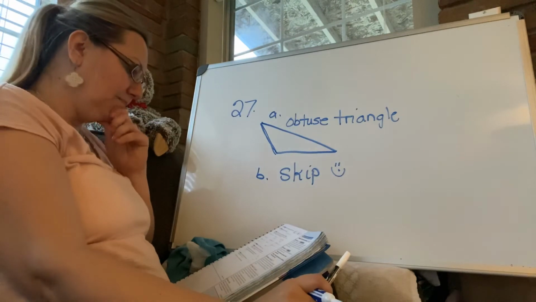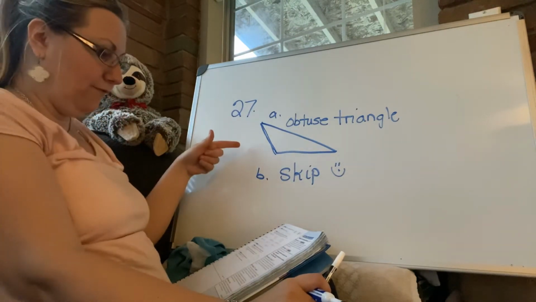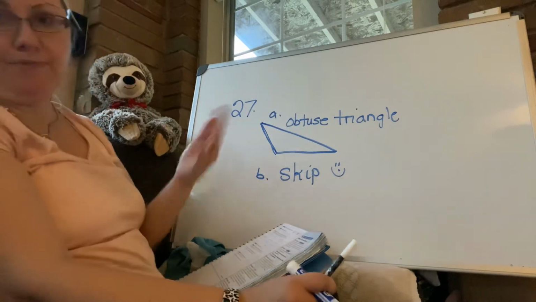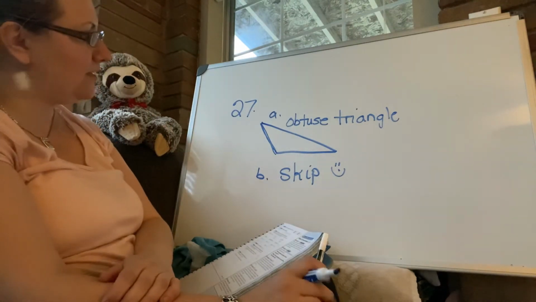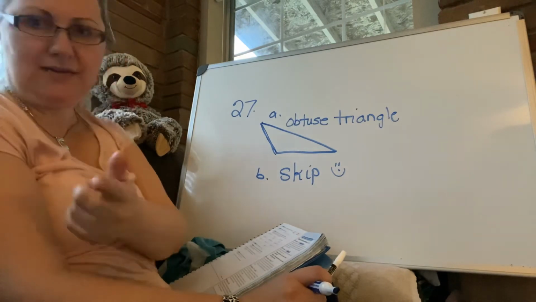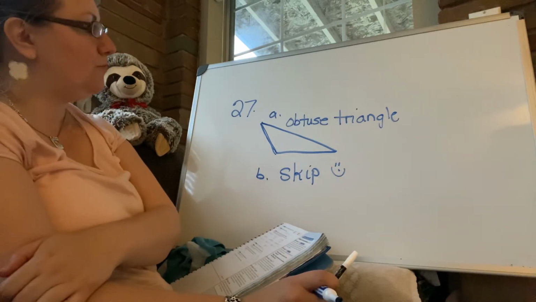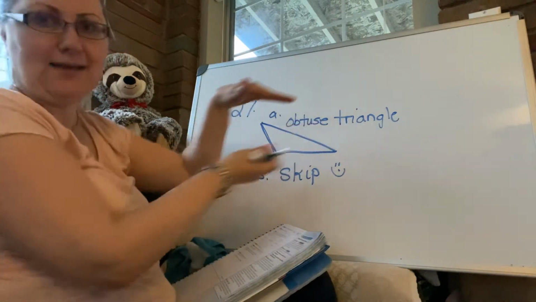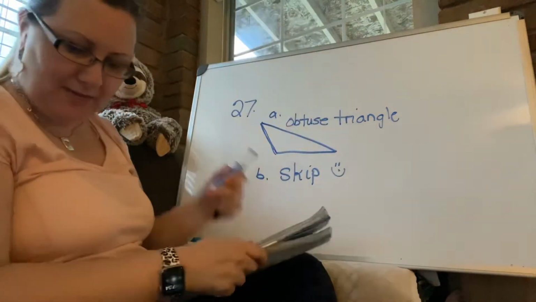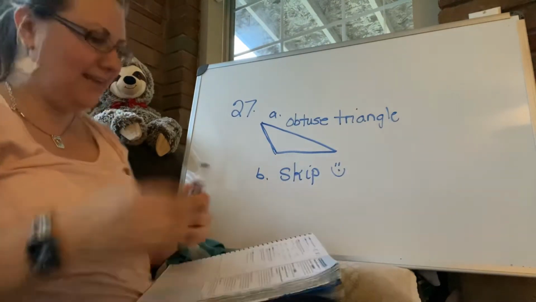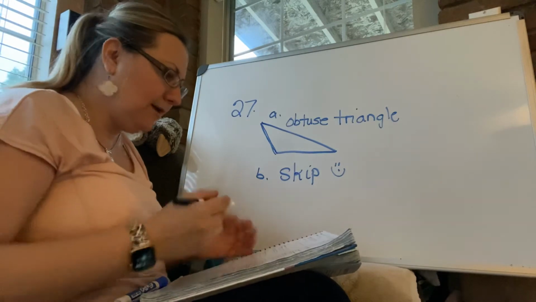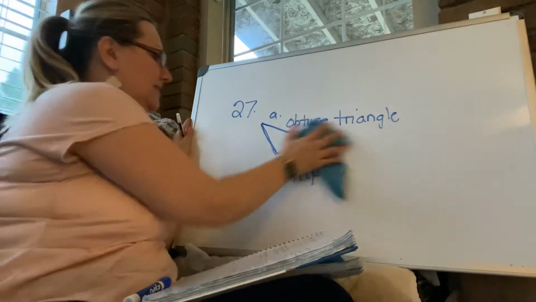But since they never form a right angle, they are not perpendicular. So we can't say that they're perpendicular when we describe the line segments, right? So that's why we're going to skip it. If you'd like to write that information down, more power to you. Good job. And let's go on. So that is number 27.